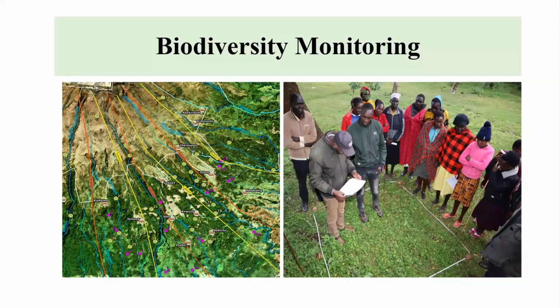That is why we are now using Mapeo as a tool to do the biodiversity monitoring. The long-term goal of this is to show the world the stewardship of Ogiek people and other indigenous communities in conserving nature.